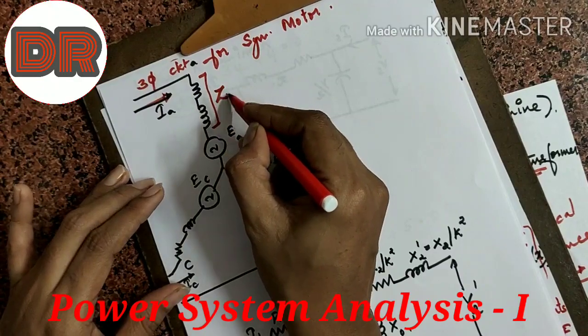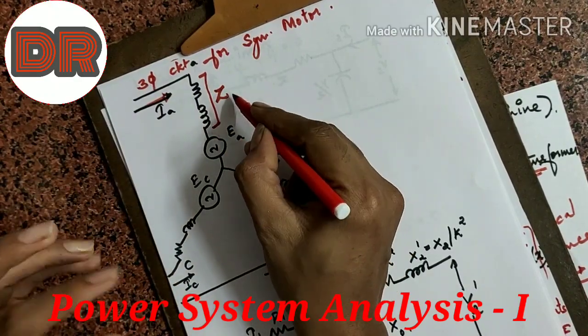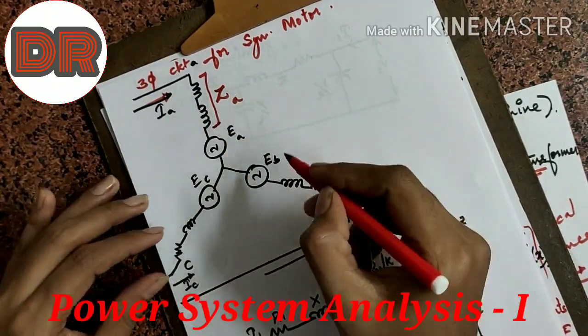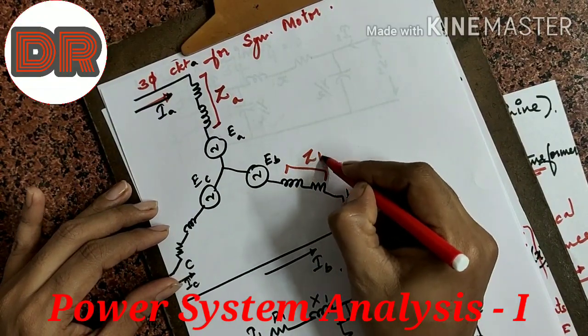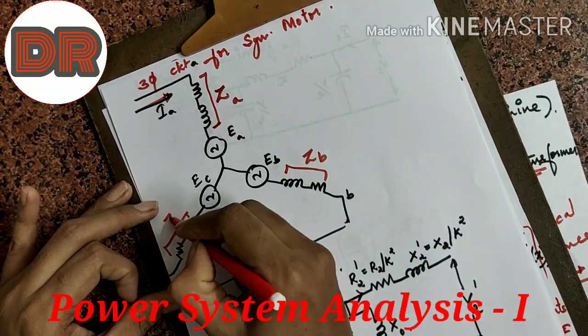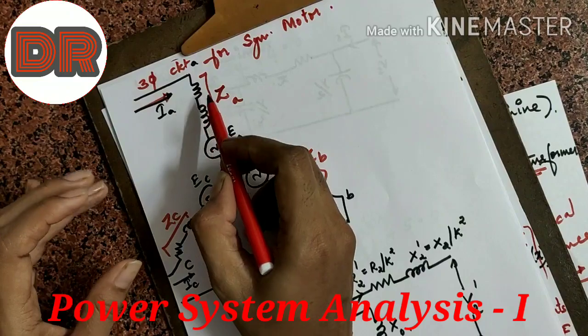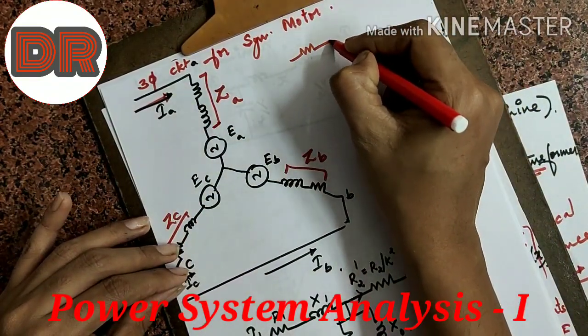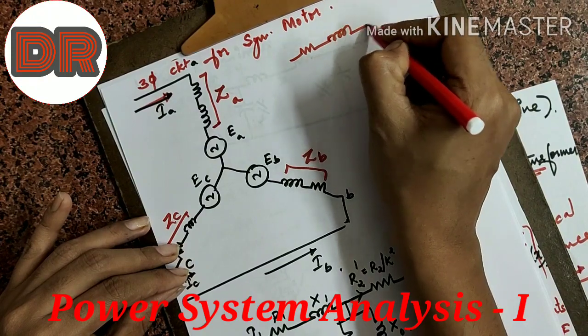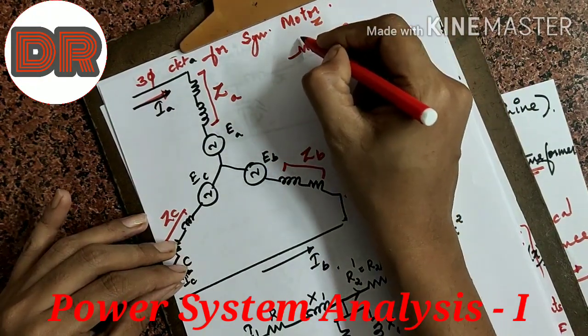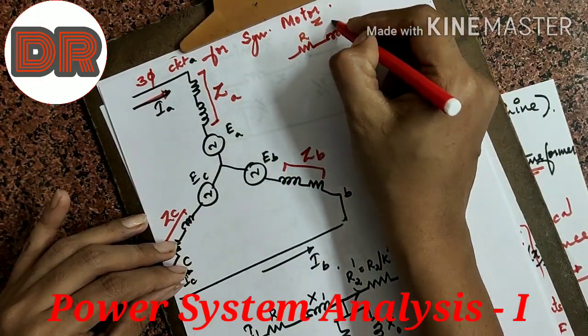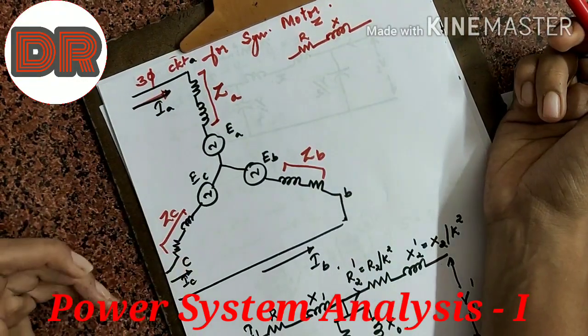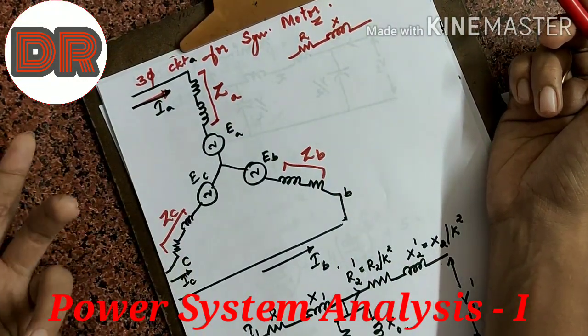We have the impedance for each phase: ZA, ZB and ZC. We know that impedance can be represented as a resistor and a reactance. So Z can be represented as resistance R and reactance X, depending on which type of impedance it is.